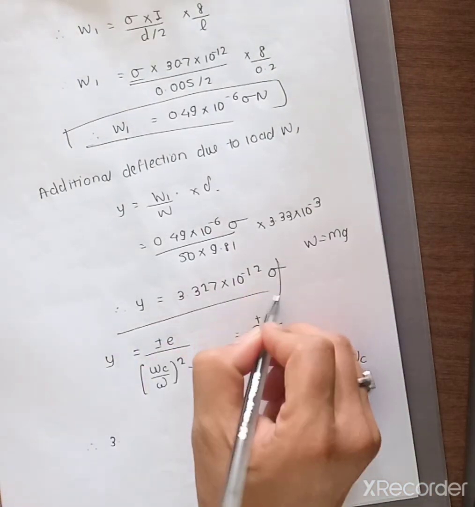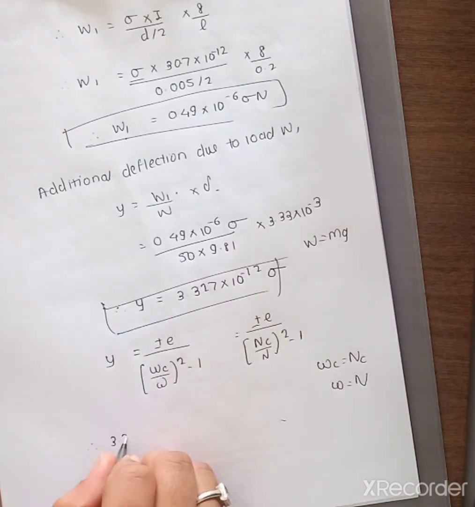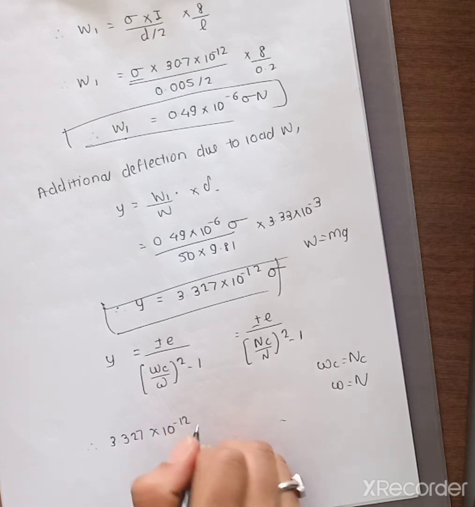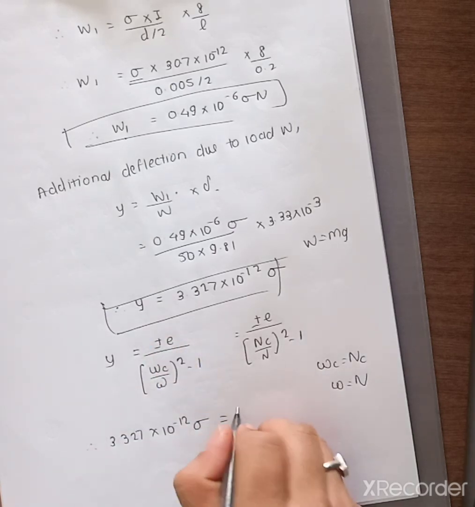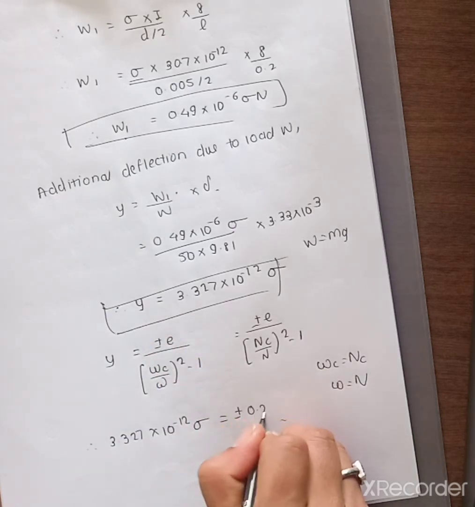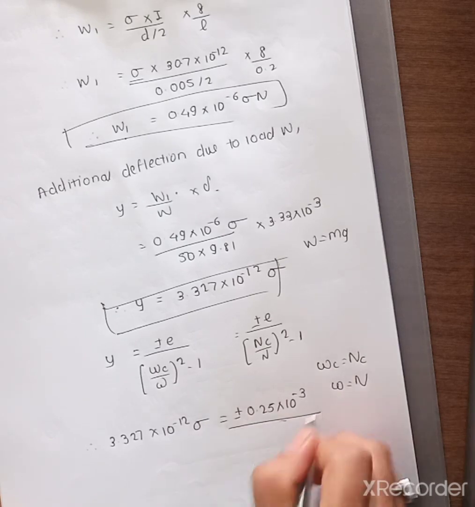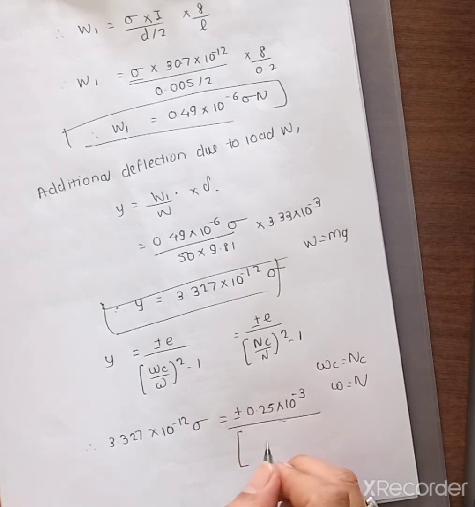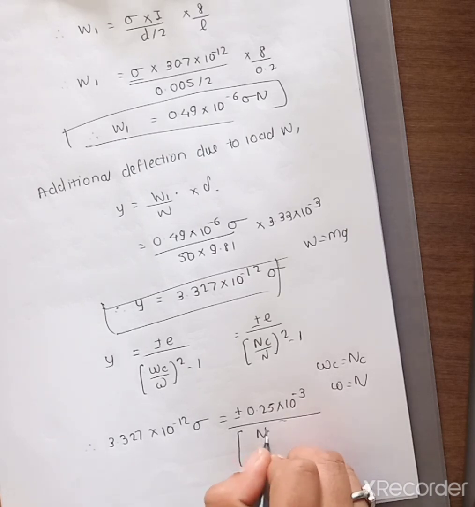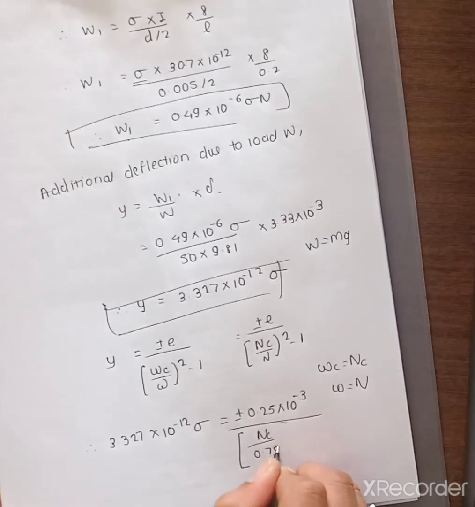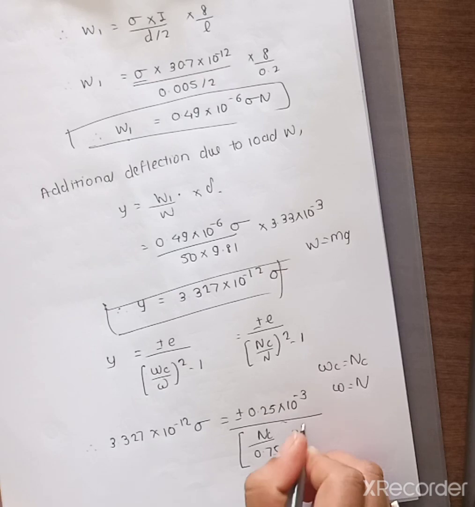What is the value of y? It is 3.327 into 10 raised to minus 12 sigma is equal to, what is the value of e? It is given 0.25 into 10 raised to minus 3. And what is the value of NC? We have found it. NC upon 0.75 NC, whole bracket square minus 1.